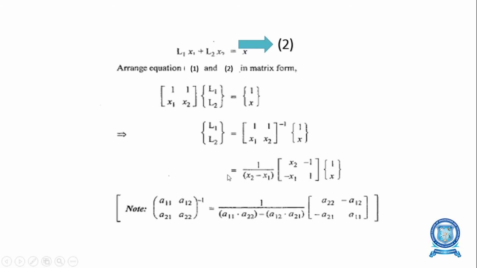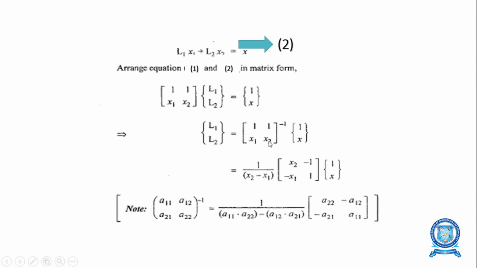Now we write the inverse as 1 by x2 minus x1 into the matrix of x2, minus 1, minus x1, 1, into the vector of 1, x. So the inverse is gone.